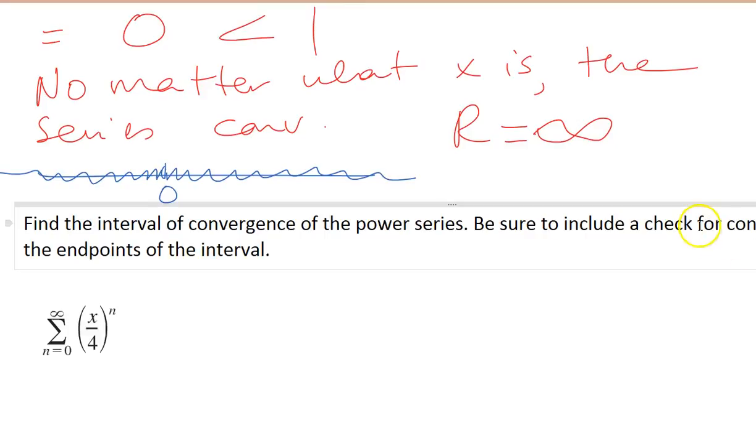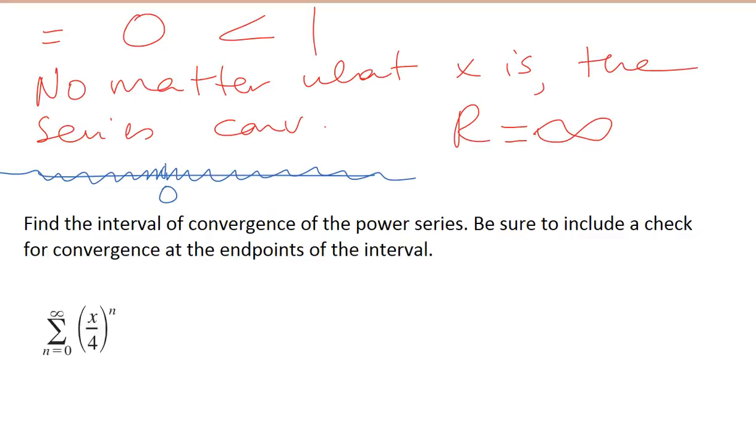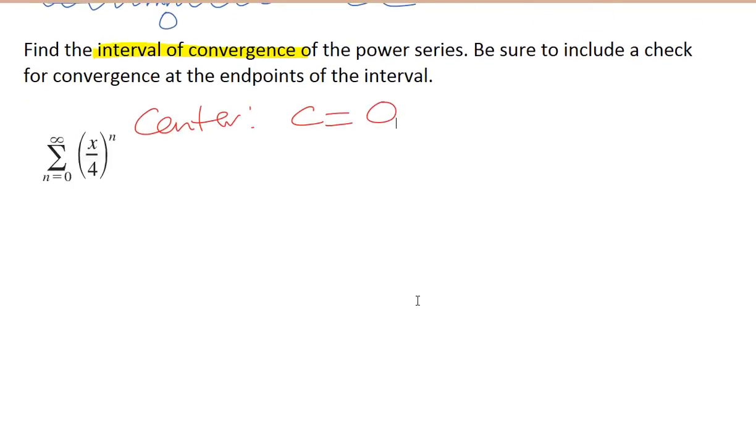Alright guys, the next question is going to be a bit more work, because here you're not just finding the center or the radius, you are finding the interval of convergence. So start off by finding the center, x minus c to the n, c is 0. Now, you will do the ratio test.